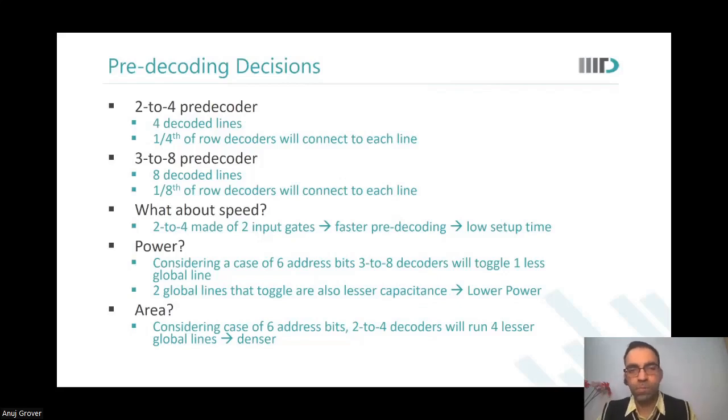Sir, what is this point of 1/8 of row decoder? So this point, can you say 3 to 8 pre-decoding? Yeah, so if I have done 3 to 8 pre-decoding, how many post decoders will I connect to any one output?